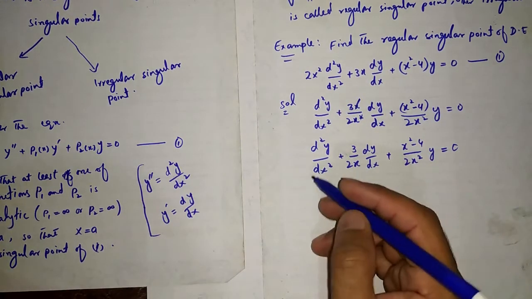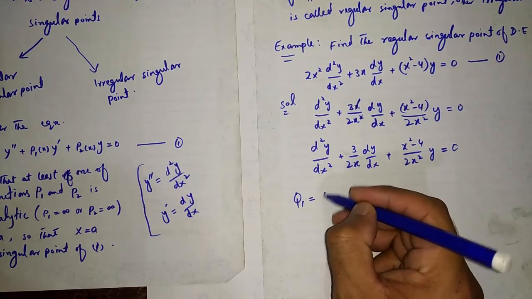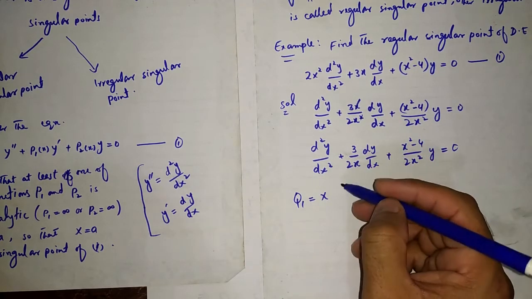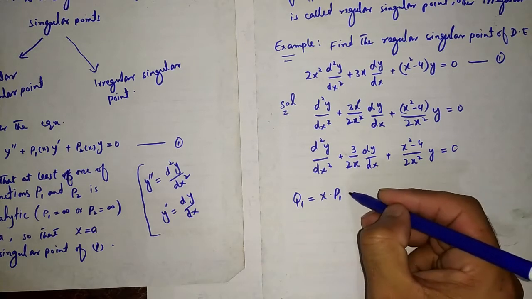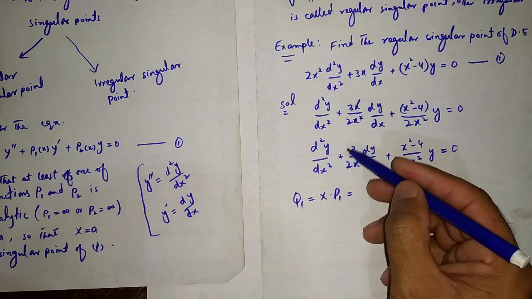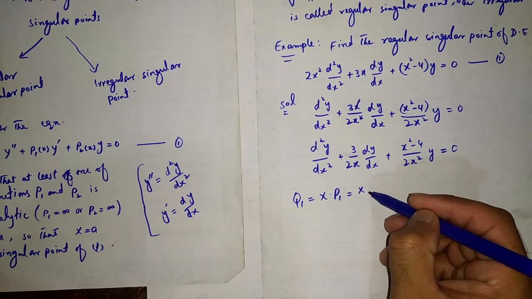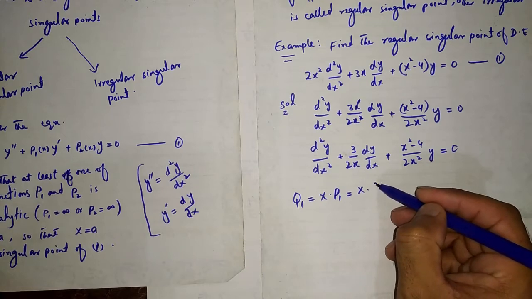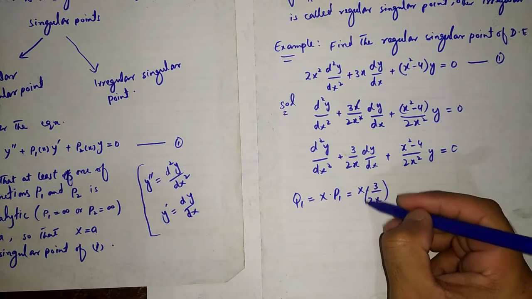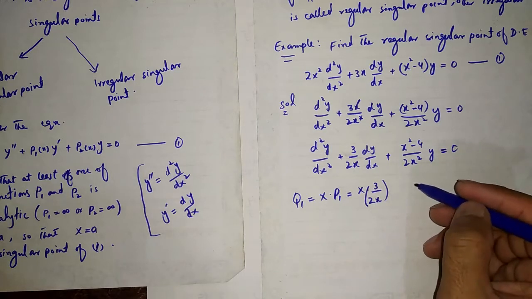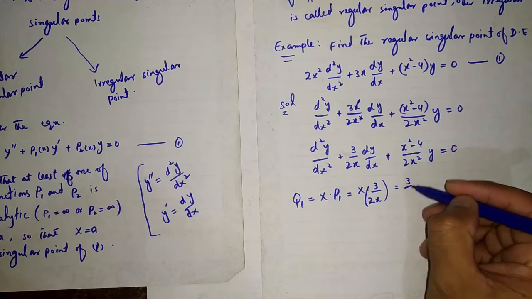Therefore q1 of x will be equal to x into p1, and this is actually p1. q1 will be equal to x dot 3 divided by 2x, and this will be equal to 3 divided by 2.